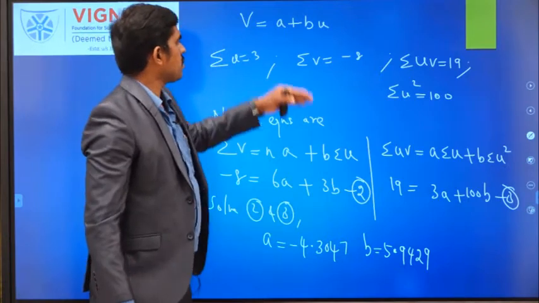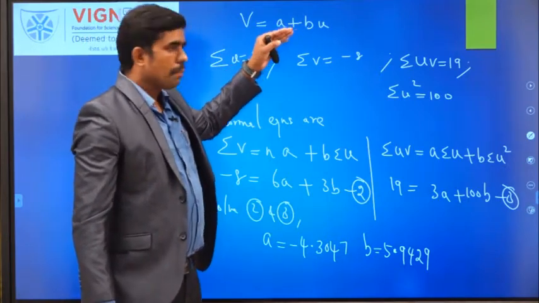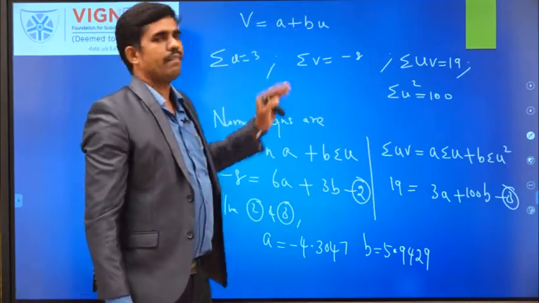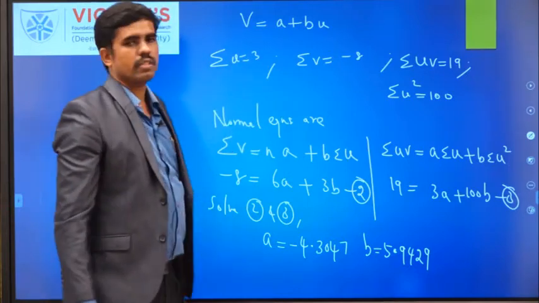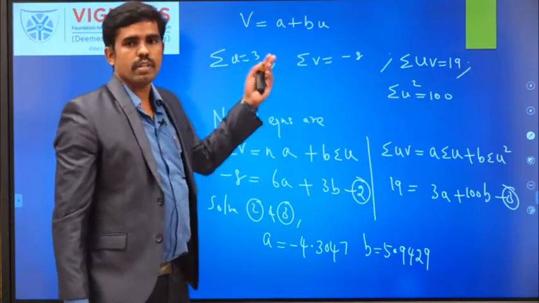Then you substitute these values in our temporary straight line fit. You have to find y is equal to a plus bx.